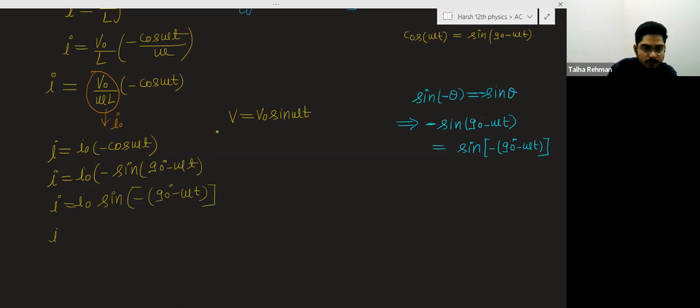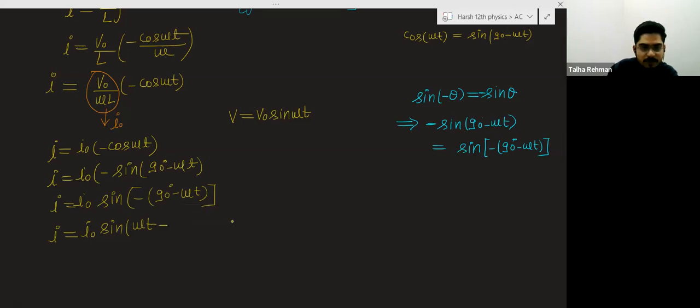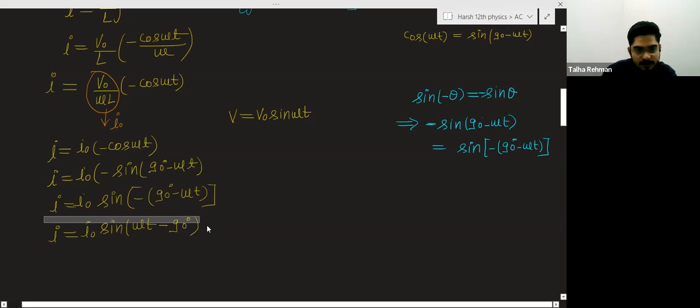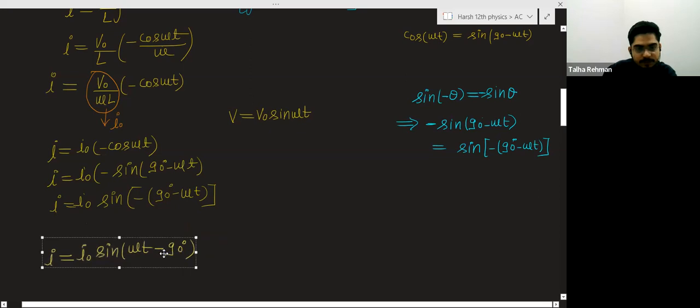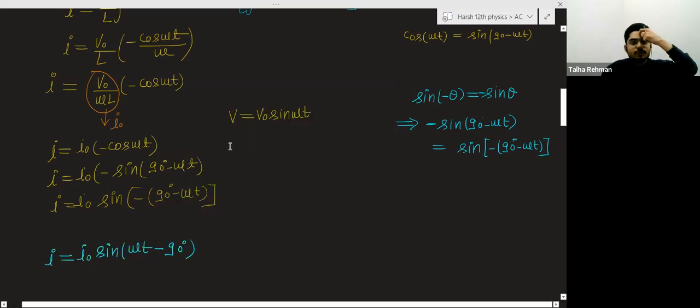Further when we solve it, we get I is equal to I naught sine omega t minus 90 degree, and this is the equation of the current. Current we have I is equal to I naught sine omega t.